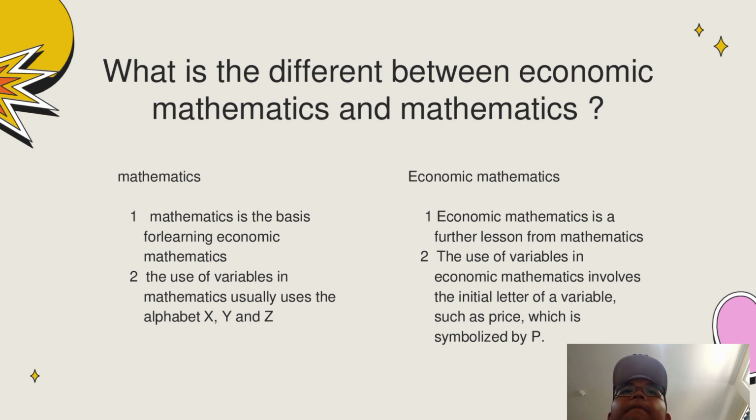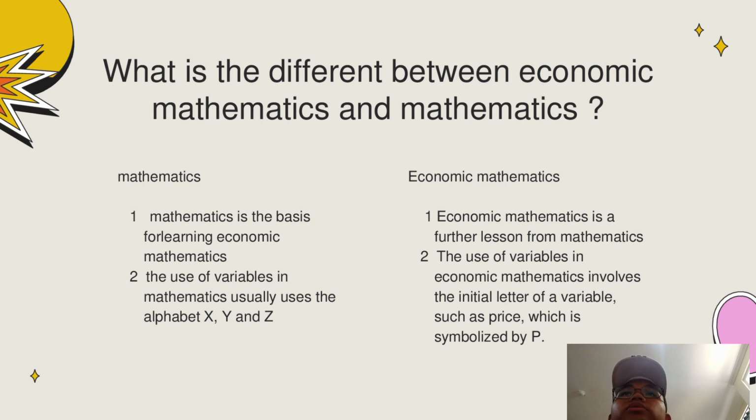Mathematics, number one, mathematics is the basic learning for economic mathematics. Number two, the use of variables in mathematics usually uses the alphabet X, Y, and Z. Meanwhile, economic mathematics, number one, economic mathematics is a further lesson from mathematics.